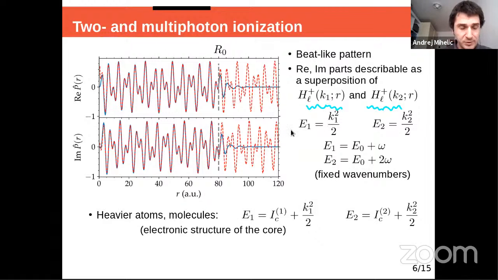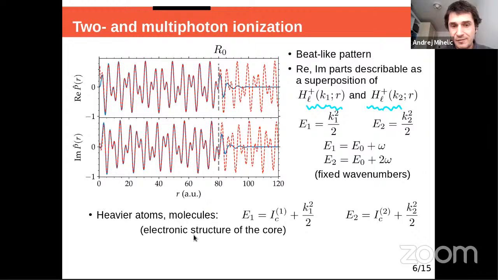And even more, those fixed wave numbers are exactly equal to the wave numbers K1 and K2, which correspond to the energies of the first and the second step. So it is very easy to write the form of this, and we know what the wave numbers are.